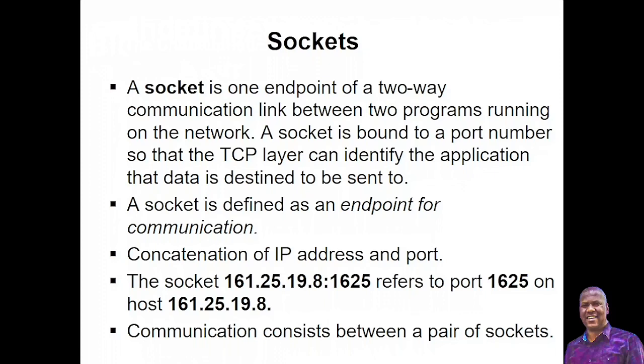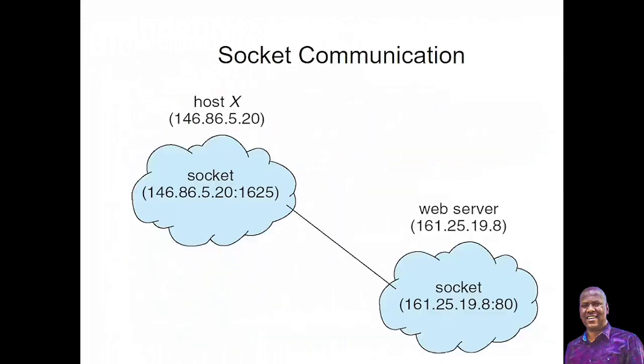So communication normally happens between a pair of sockets, from the sending process to the receiving process. The socket is very important, and that's why programmers need application interfaces that can help this communication be implemented correctly.